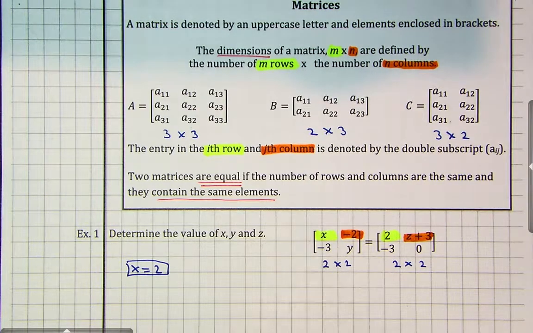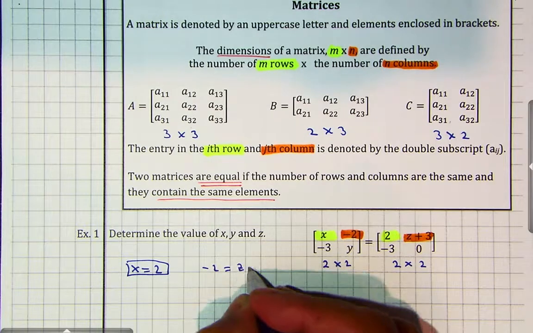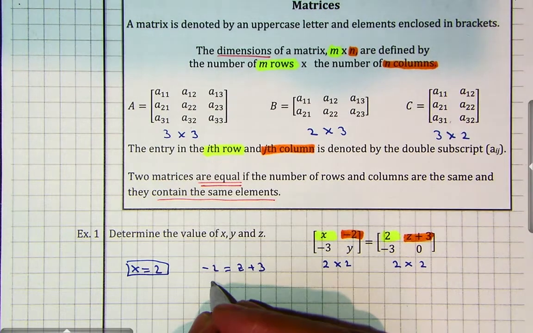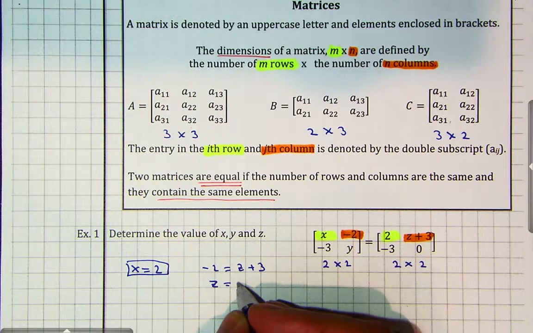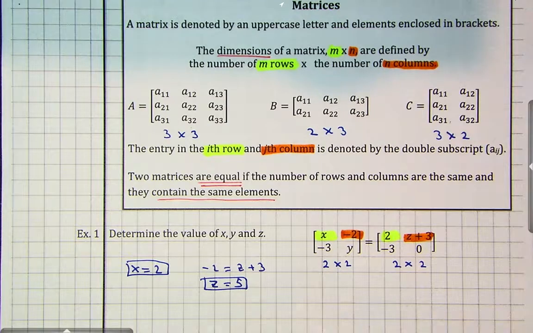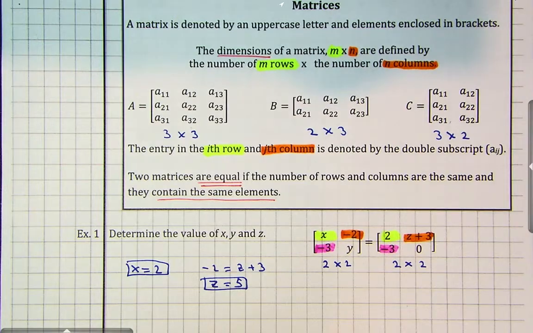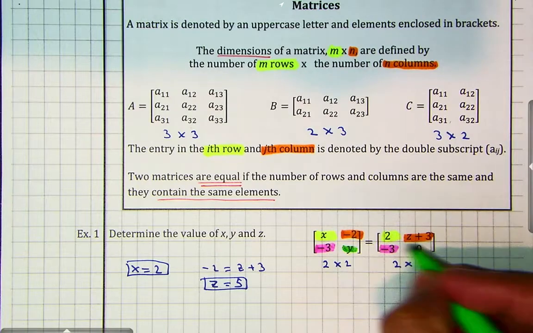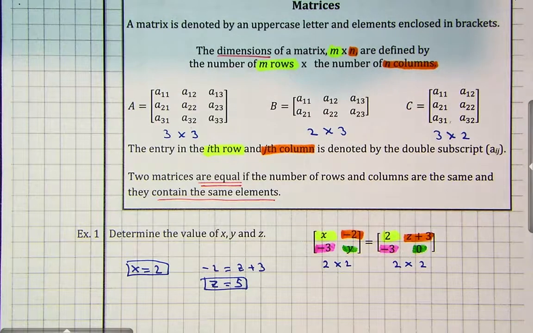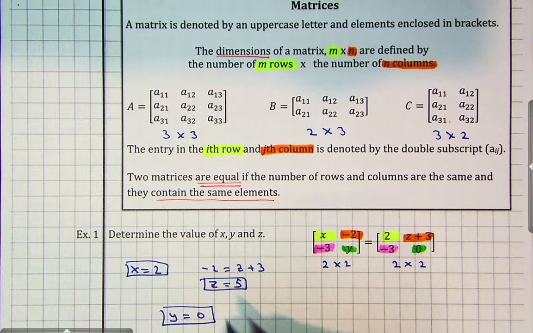So we can just set up an equation: negative 2 equals z plus 3. So therefore the value of z will be equal to positive 5. Negative 3 is equal to negative 3 as it should be. And last, we have y is equal to 0. And therefore we found the values of x, y, and z.